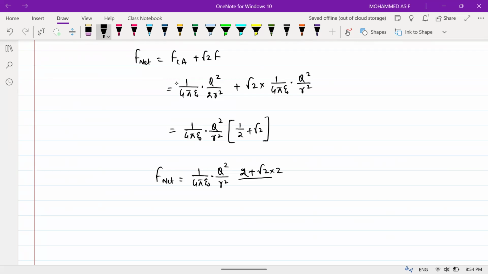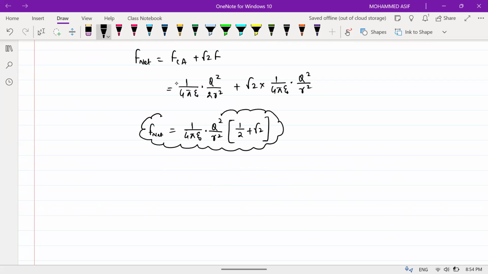Or else you can leave that as it is. That's not an issue; that depends upon your option. So F net will be equal to how much? This is your answer. F net is equal to 1 by 4 pi epsilon naught into Q square by R square into this.